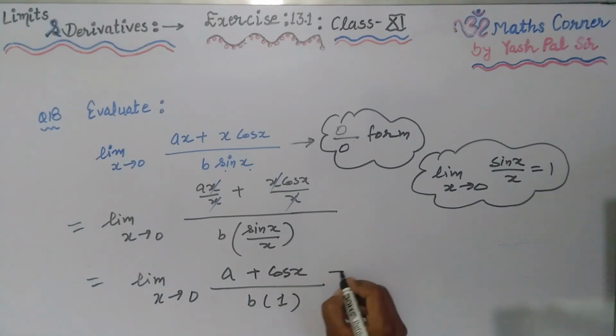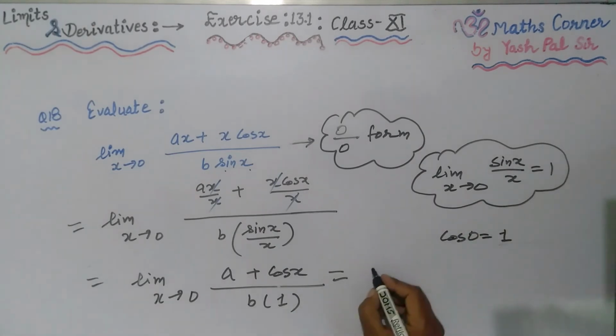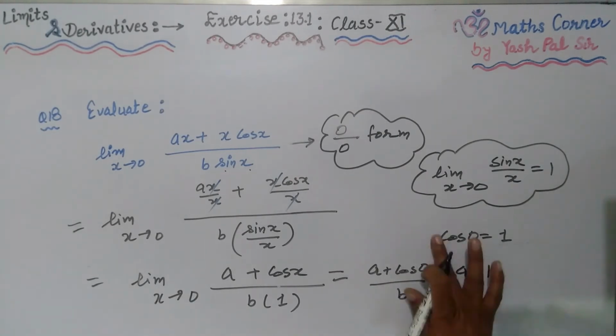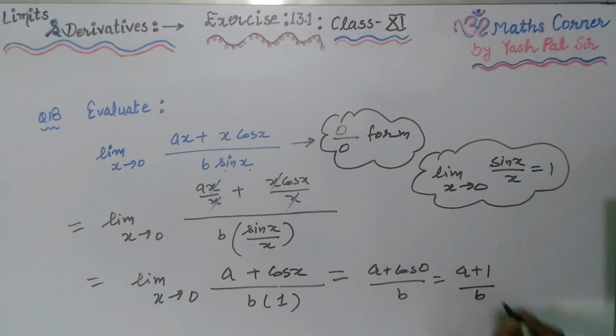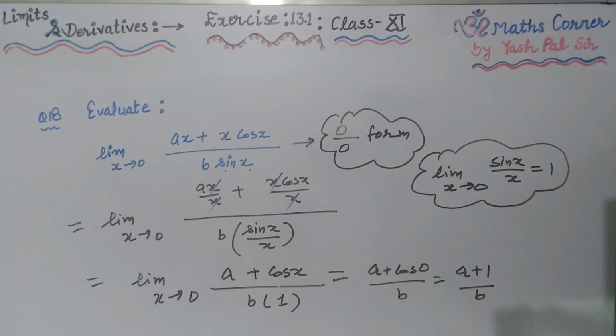Now again directly substituting x equal to 0, what is cos 0? Cos 0 is also 1, so we write a plus cos 0 divided by b. So the answer is a plus 1 divided by b. This is the limit of the given function. So this was question number 18.